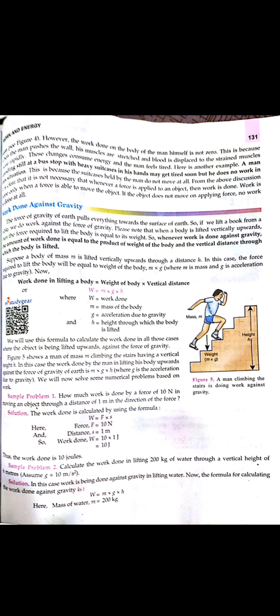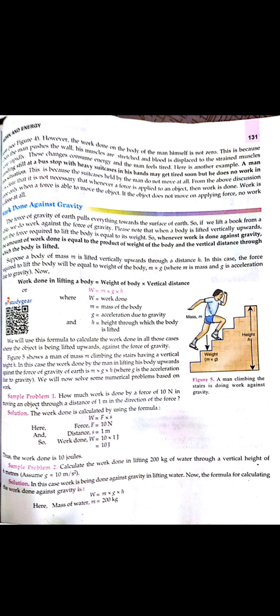So height is given as h. So force into displacement now changes into mgh. So this is one of the formulas for the work done against gravity. The gravity works on its mass and weight, and together the height displacement will also be there.